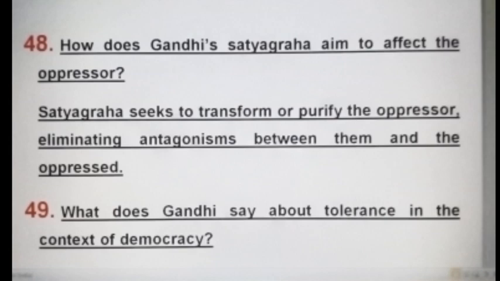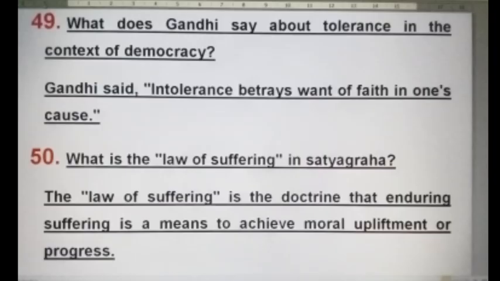Gandhi said, "Intolerance betrays want of faith in one's cause." What is the law of suffering in a Satyagraha? The law of suffering is the doctrine that enduring suffering is a means to achieve moral upliftment or progress.